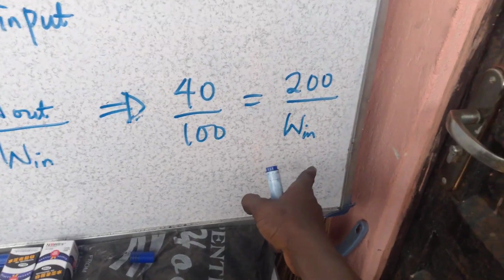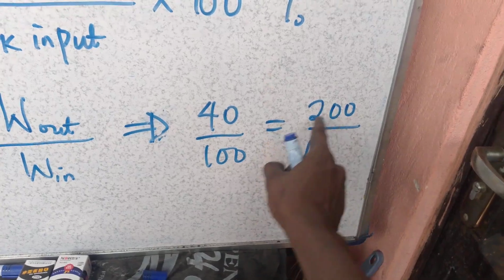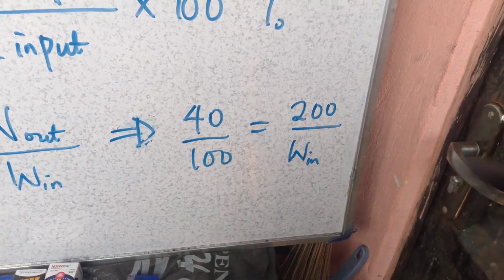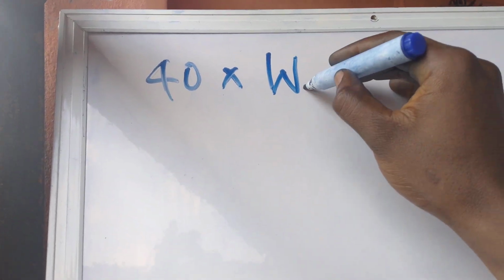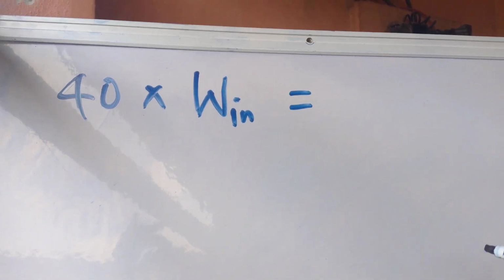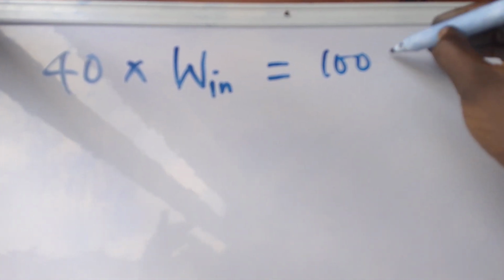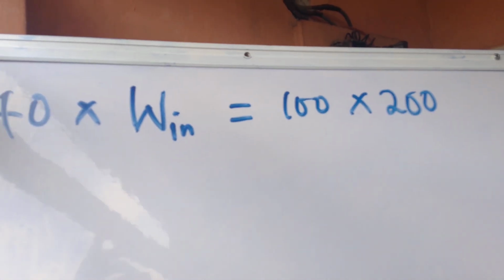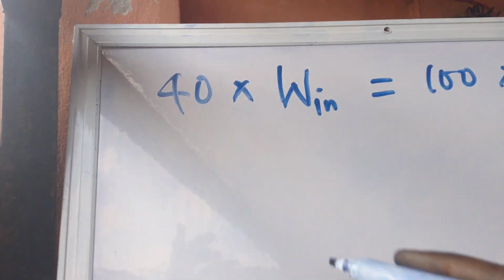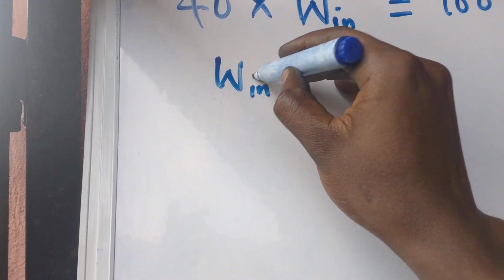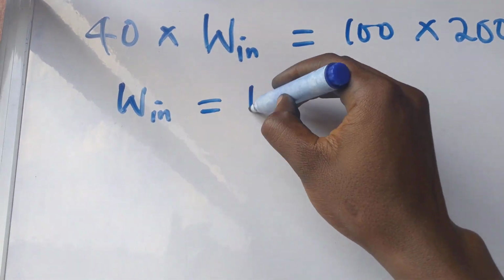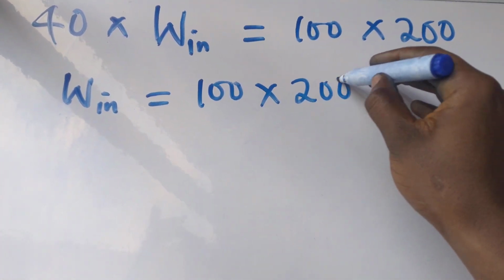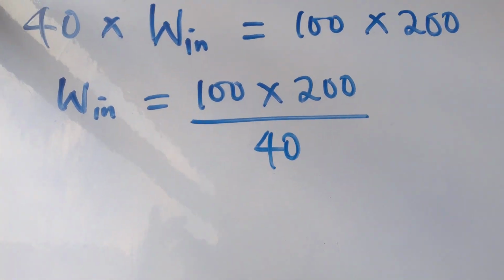So you make W in the subject of the formula. I have to cross multiply. If I cross multiply, I have 40 times work input is equal to 100 times 200. So my work input now is equal to 100 times 200 divided by 40.